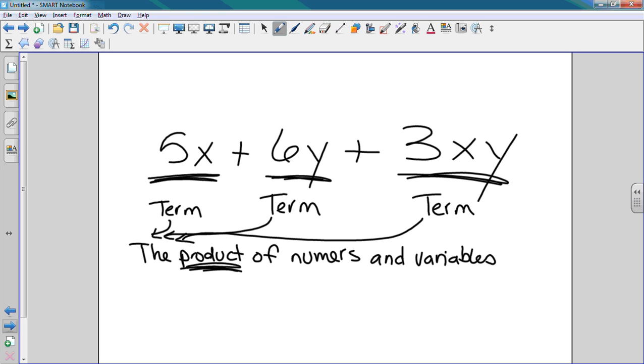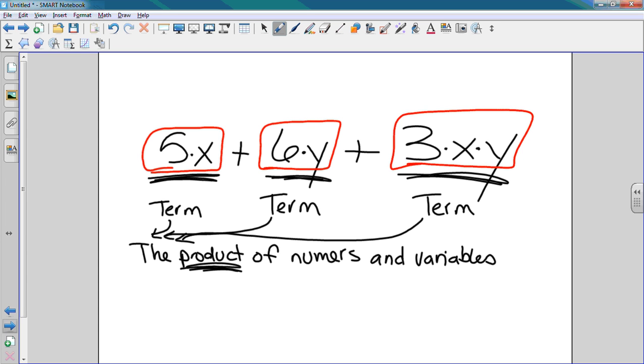Yeah, it's multiplication, isn't it? So this is multiplication, 5 times x. This is multiplication, 6 times y. This is 3 times x times y. Okay? I have 3 terms. 1, 2, 3. Those are called terms.